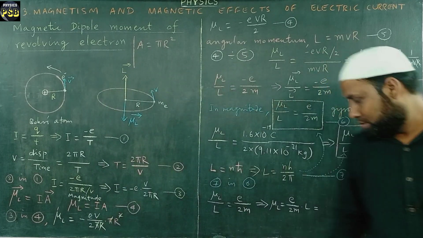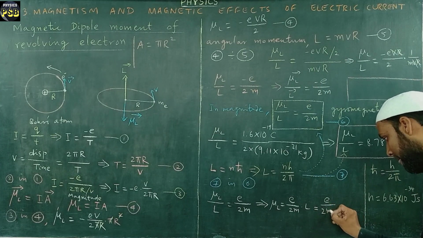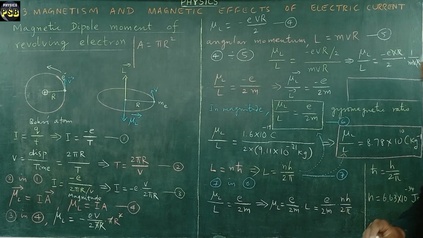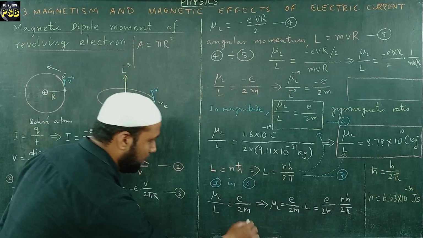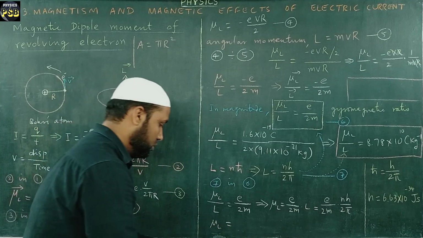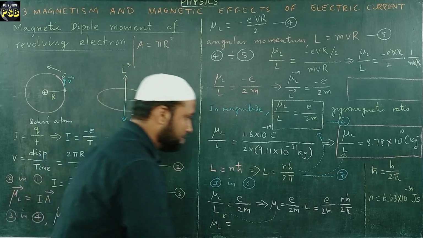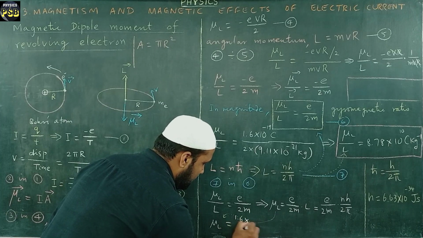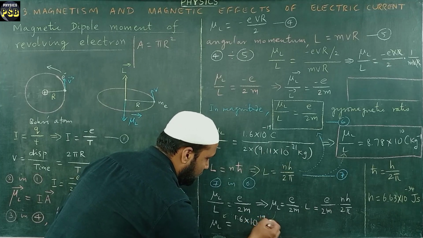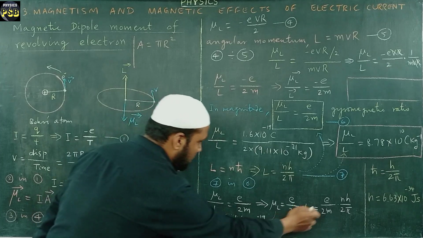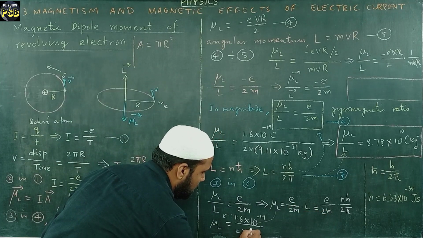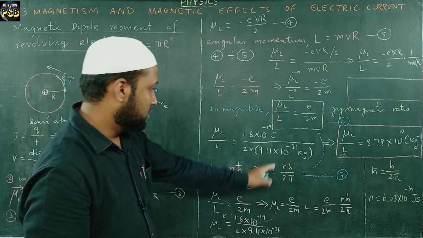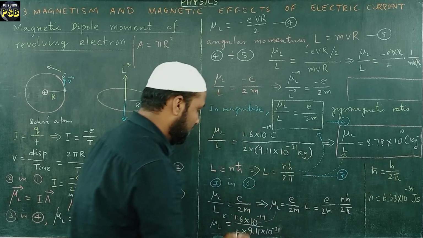Let me substitute it here: e upon 2m, L is nh upon 2π. So we get μ_L equal to the charge of the electron, 1.6 × 10^-19 coulomb, divided by 2 multiplied with the mass of the electron, 9.11 × 10^-31 kilogram.